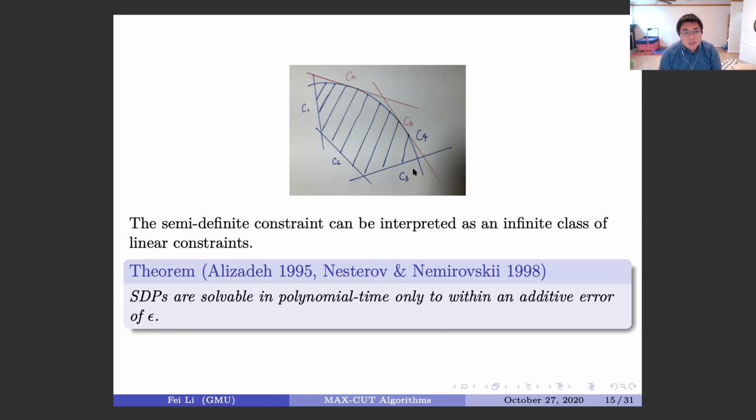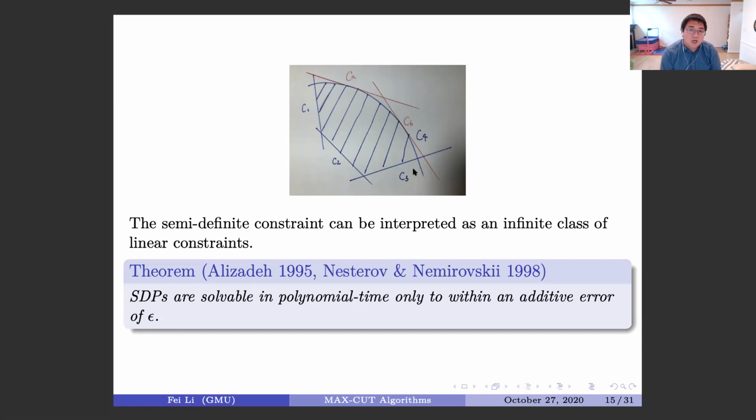A semi-definite program can be solved in polynomial time, but only within additive error of epsilon. You cannot get the optimal solution in polynomial time, since you have an infinite number of such constraints.